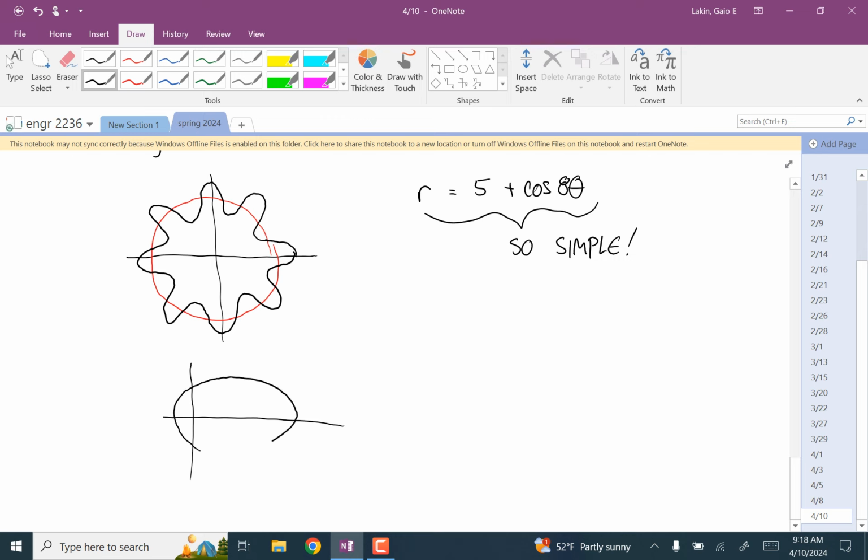So for an ellipse like this, the rectangular formula is kind of a pain, but the formula for this one is just r is equal to 0.8 over 1 minus 0.8 cosine theta. Just nice and simple.